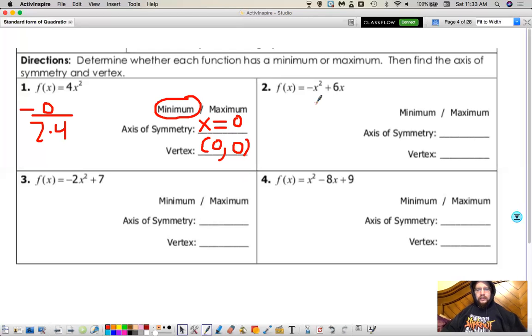All right, look at this next one. Here we have a b value of 6. This means negative 6 over 2a is negative 1. That's negative over negative is positive. 6 over 2 is 3. I got 3. I need to plug that in. That's going to be negative 9 plus 18, so that's going to be 9.